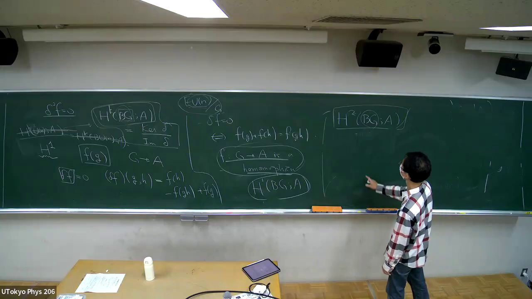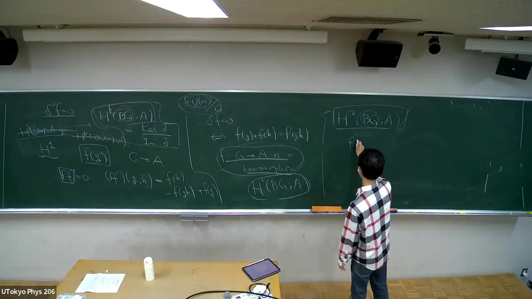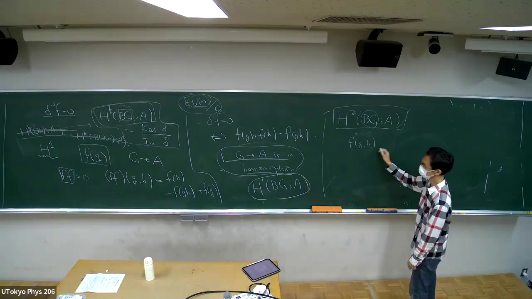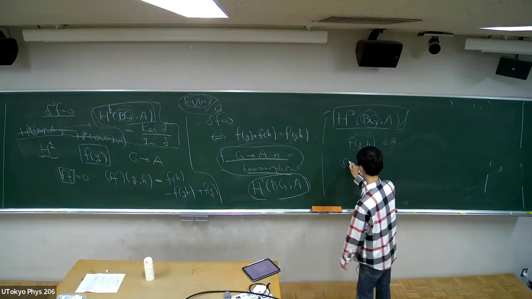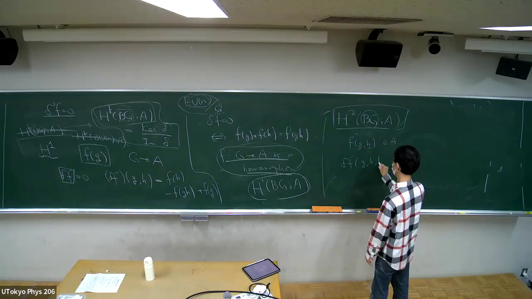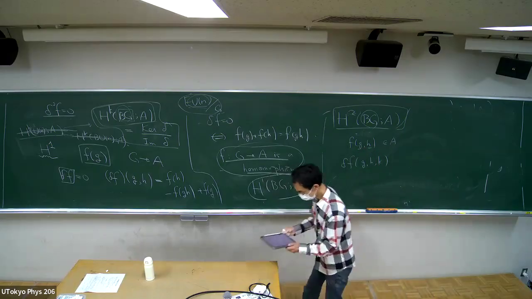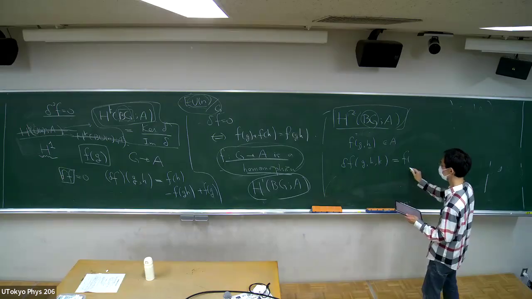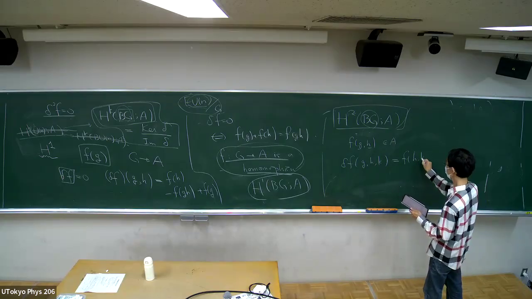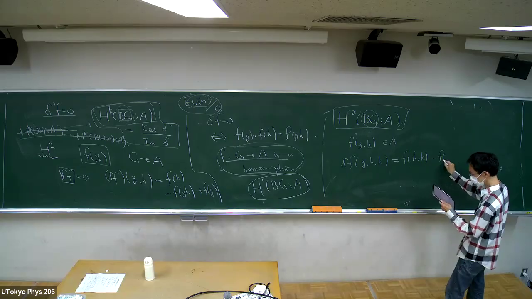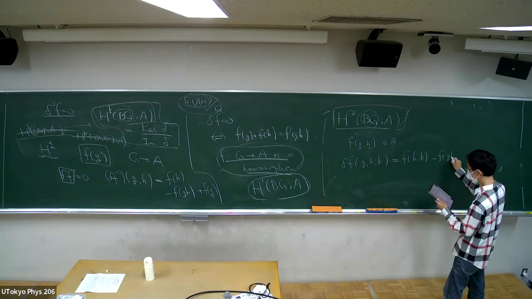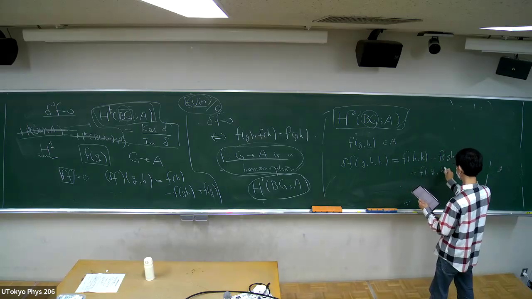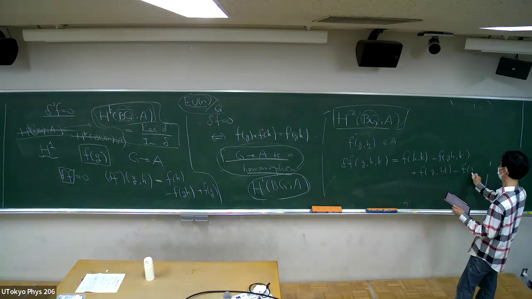So for H2, F is a two-cochain, a function of two variables, right? And delta F is a function of three variables. If you use the general formula, this is F(h,k) minus F(gh,k) plus F(g,hk) minus F(g,h).